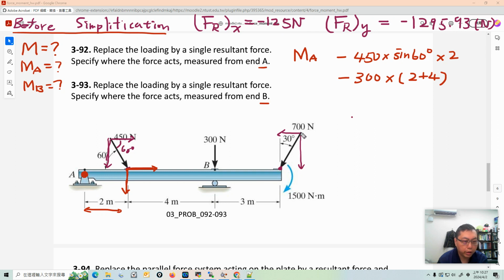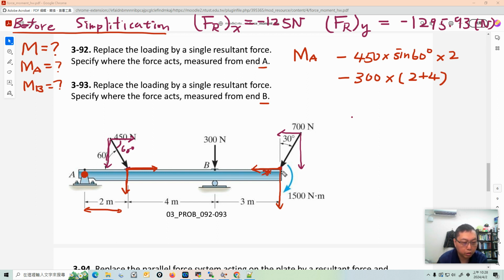And finally, the force here also creates a moment with respect to A. Because it acts at this point, the vertical component is here and the horizontal component is here. The horizontal force, for the same reason as before, has a very small lever arm with respect to A and we aren't given information about this distance, so we can ignore it.